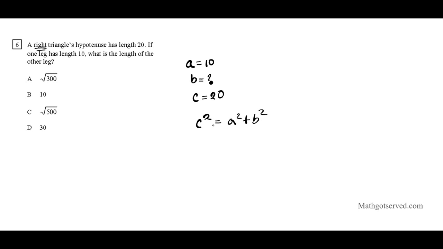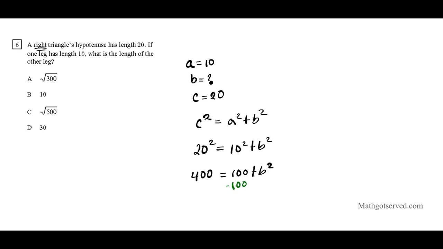Okay, let's populate this equation with what we know and what we need. So we have 20 squared equals 10 squared plus b squared. 20 squared is 400, and 10 squared is 100 plus b squared. Now we'll subtract 100 from both sides.